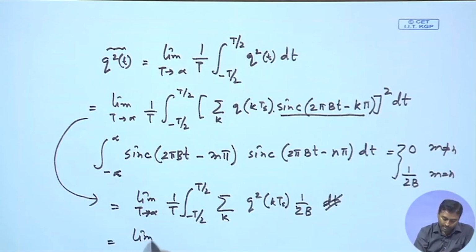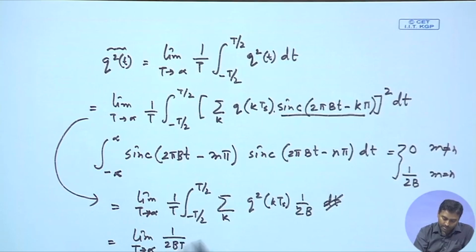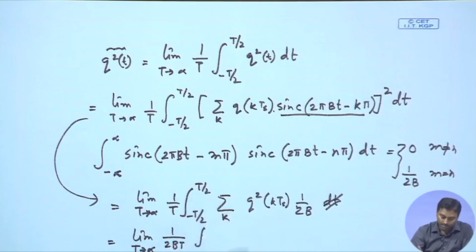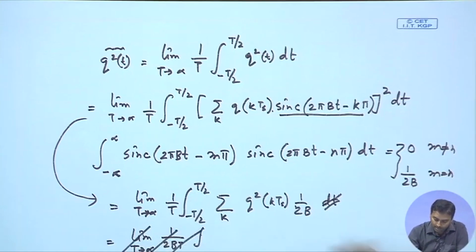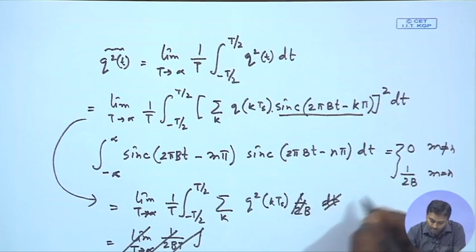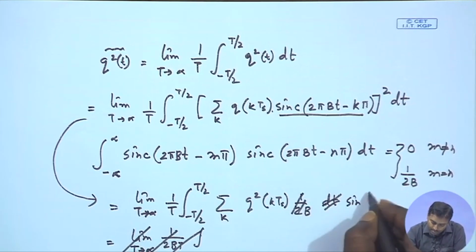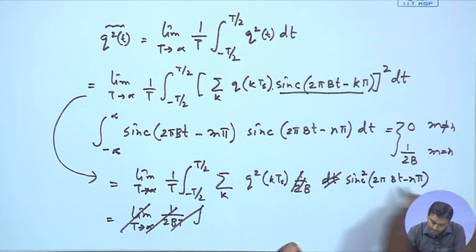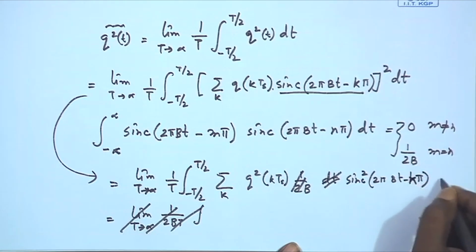I can write immediately the limit as t tends to infinity of 1 by 2b t, and then this integration, sorry, I have written in a slightly wrong fashion. I should have written this as sinc square of 2 pi b t minus n pi or k pi, okay, dt.